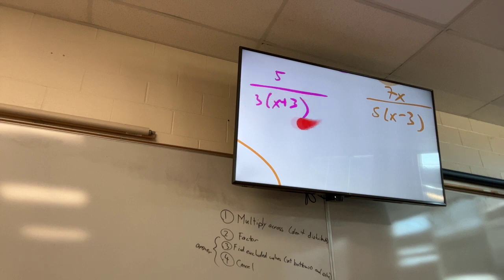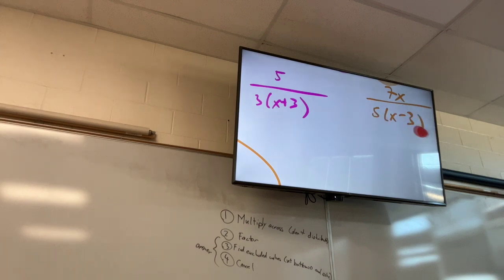Let's look at the pink denominator. What is the pink denominator missing that the orange denominator has? So it's missing a 5. There's no 5 over here, and it's missing a what? We're talking about the stuff in parentheses. What's missing is the entire factor. So this pink denominator is not just missing a -3, it's missing this entire factor.